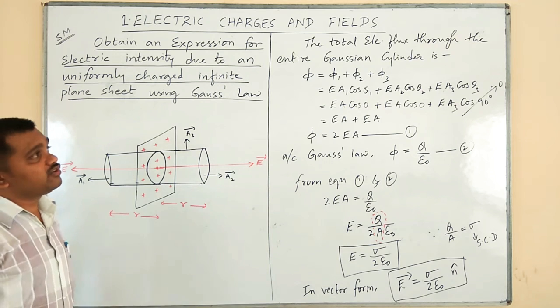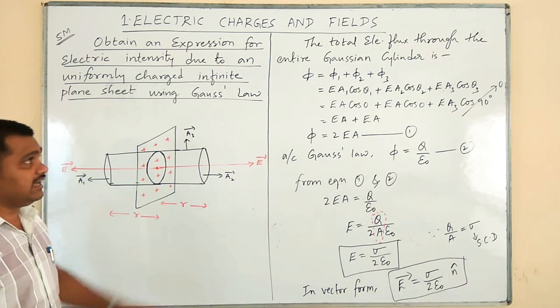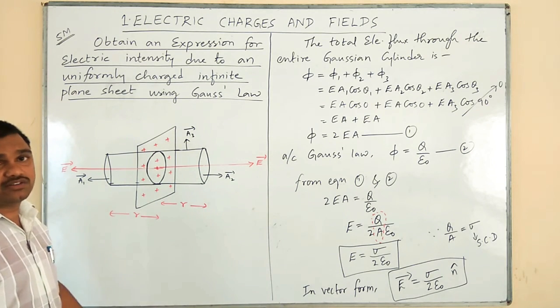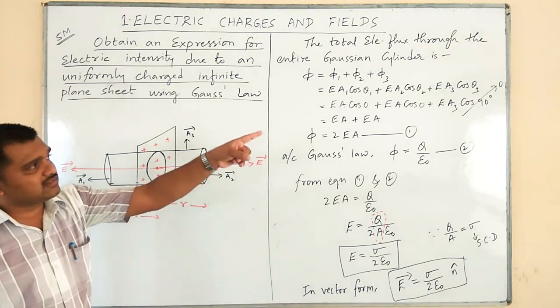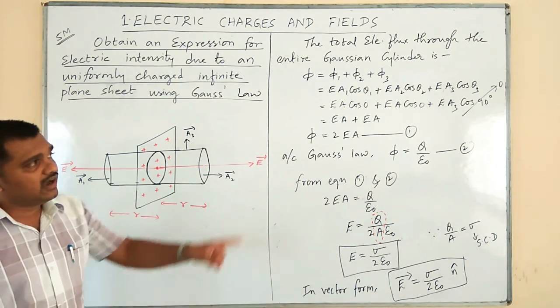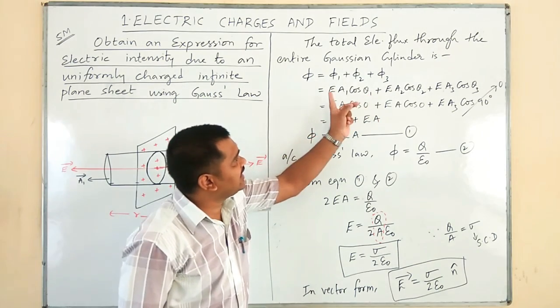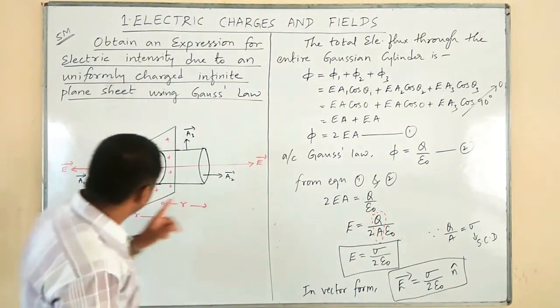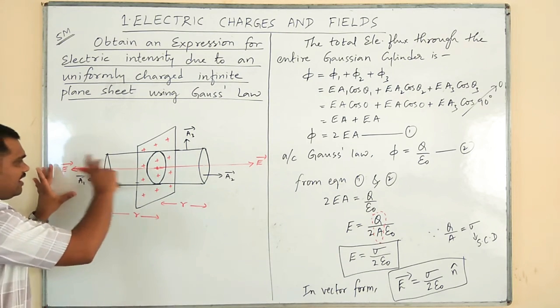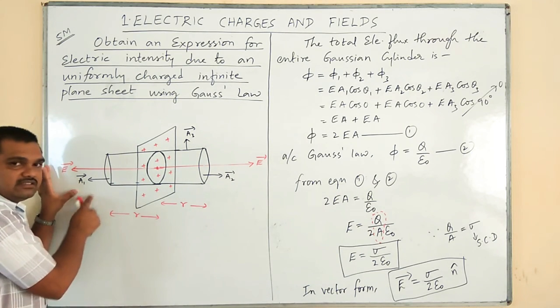Okay, phi is equal to phi 1 plus phi 2 plus phi 3, and the expansion forms for those phi's are EA1 cos theta 1, EA2 cos theta 2, and EA3 cos theta 3, where theta 1 is the angle between E and A1. Take a look. E and A1 are along same direction, therefore 0 degree.